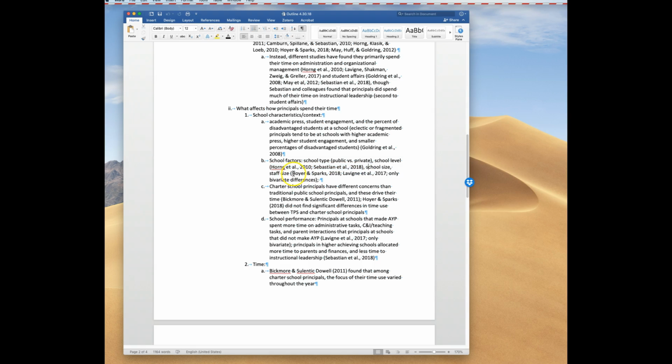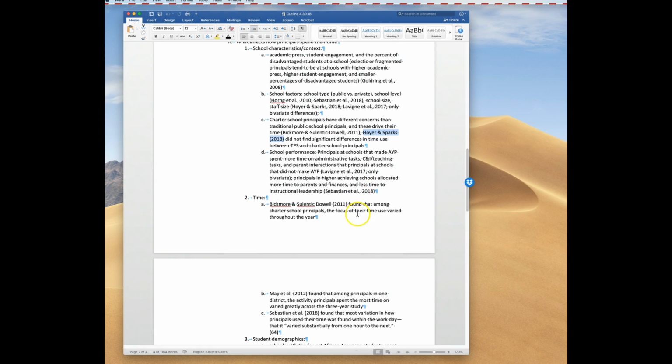School size and staff size have support in these two studies. Charter school principals, so charter versus public, I have one study that supports that there are differences and one study that supports that there actually are not differences. And then school performance, essentially looking at adequate yearly progress, and there were just two studies that had any findings relating to that.